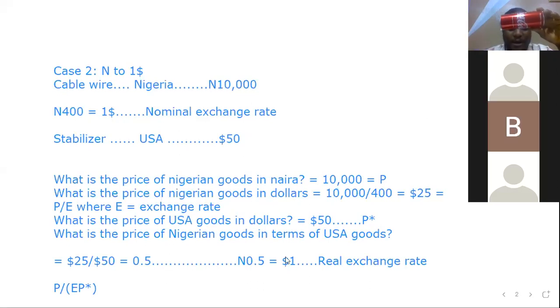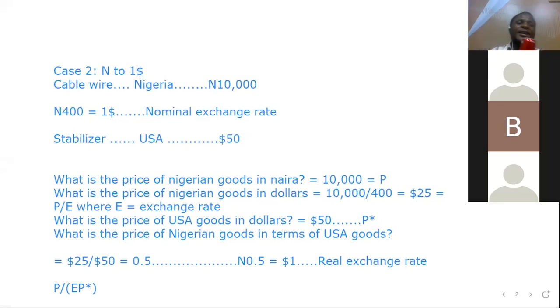Yes, sir. Okay. Exchange rate parity is saying, assuming we have this Coke in Nigeria, how much is the Coke? Say it is 200 naira. In USA, how much is the Coke? Say it is $2.